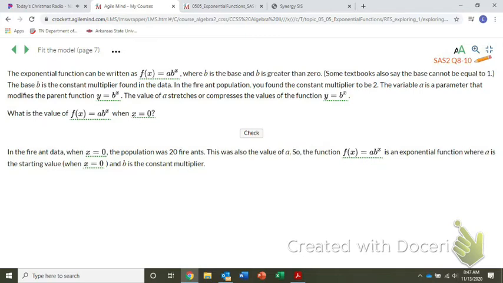B has to be greater than 0. B is also called, this is important, B is also called the constant multiplier.